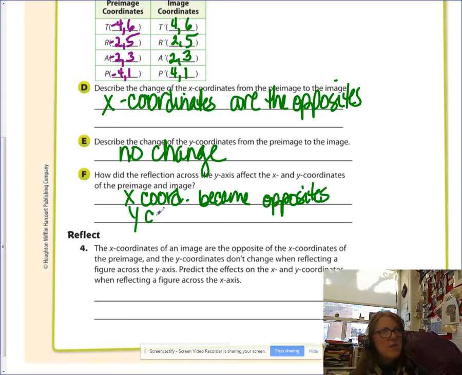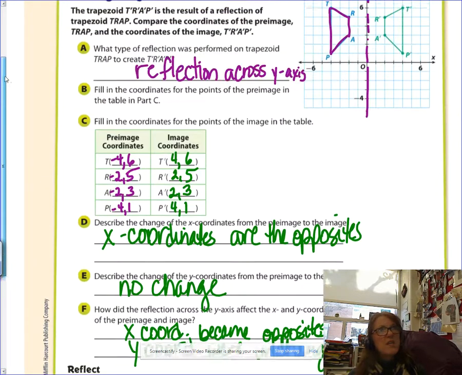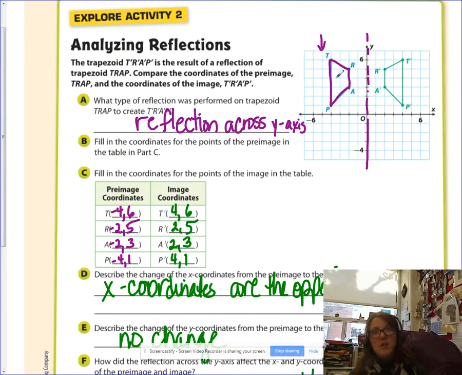The y-coordinates were unchanged. Then it says, now, guess what? If we took this image and reflected it across the y-axis this way, it didn't move up and down. Your horizontal coordinates are the ones that changed.